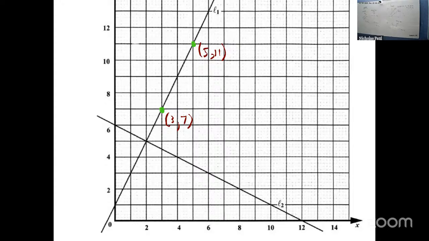What's the formula for gradient, Bandana? Check back in your notes for the formula for gradient. And once you see that, all you have to do is plug in x1, y1, x2, y2. Just plug in those points quickly.